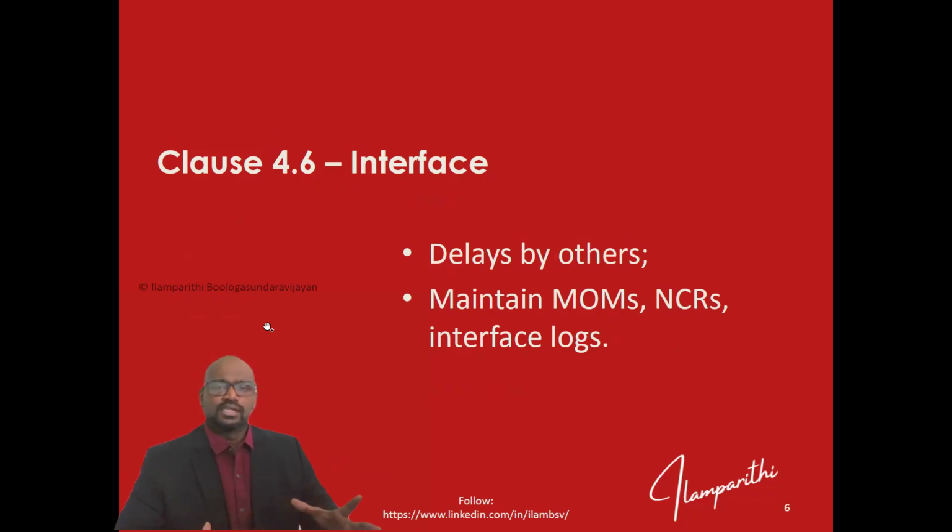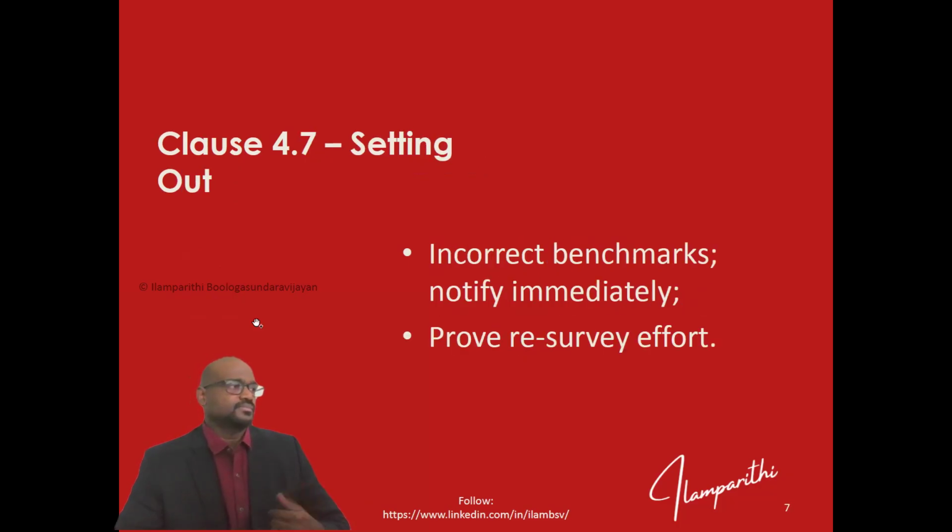If the civil foundation gets an NCR from the client, that is a non-conformity report or a quality defect report, the civil contractor has to rework on it, which will not be in the original plan, and that will affect the movement of the mechanical subcontractor. So this is how, if you are the mechanical subcontractor, you will get affected. So you have to maintain all these evidences to prove it.